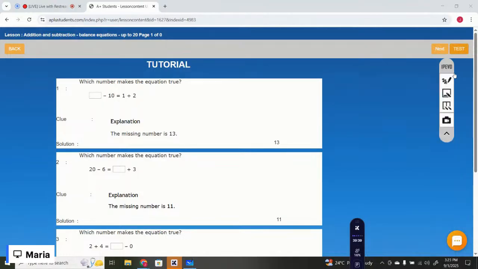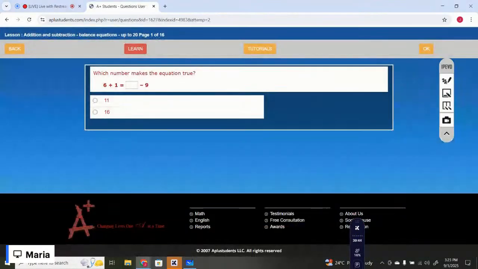Let's just start with the test question. Which number makes the equation true?